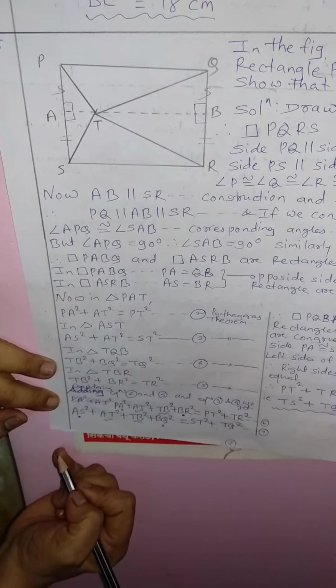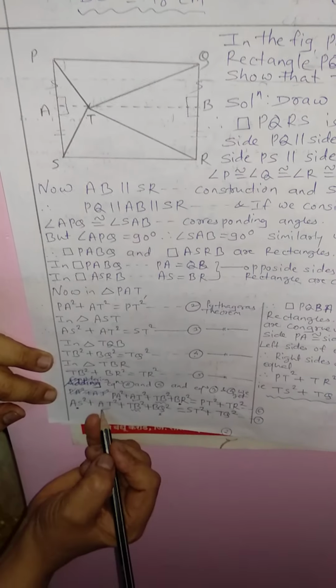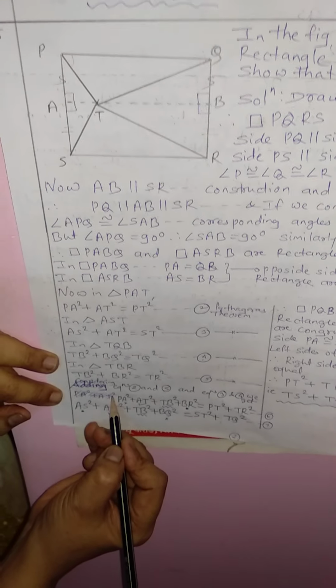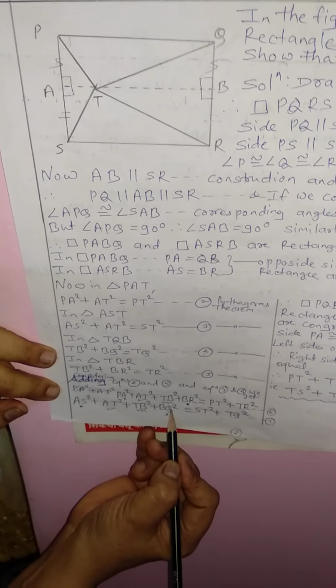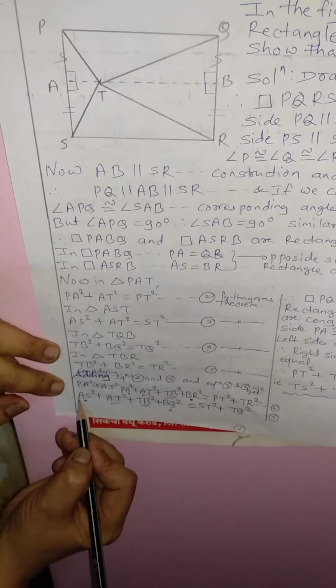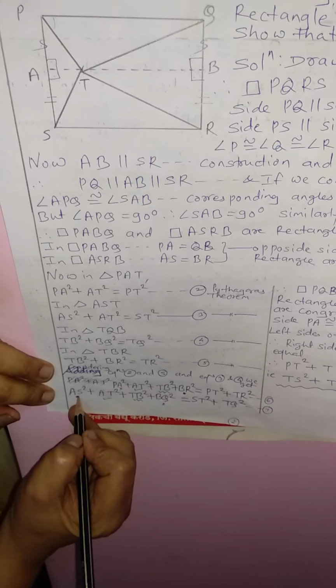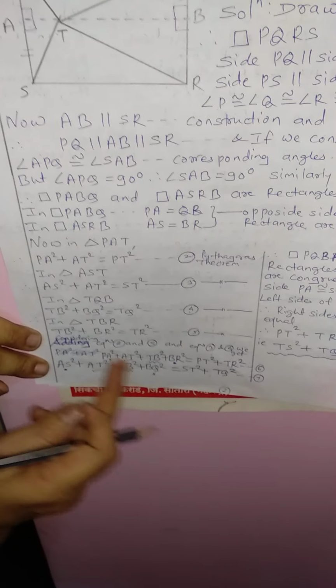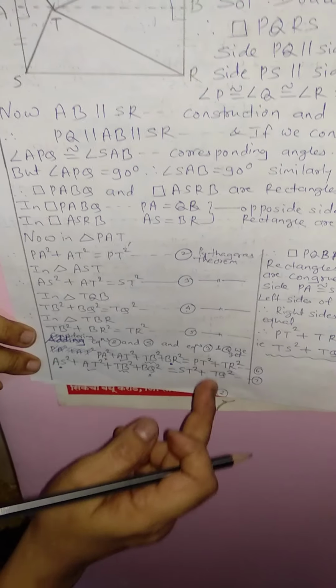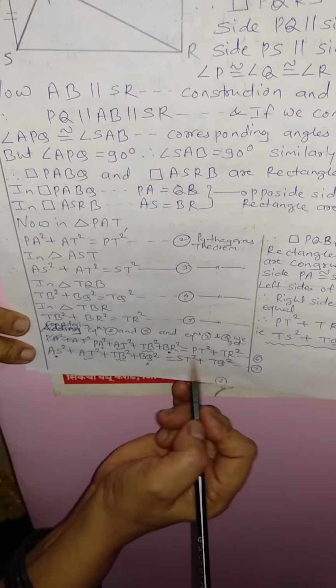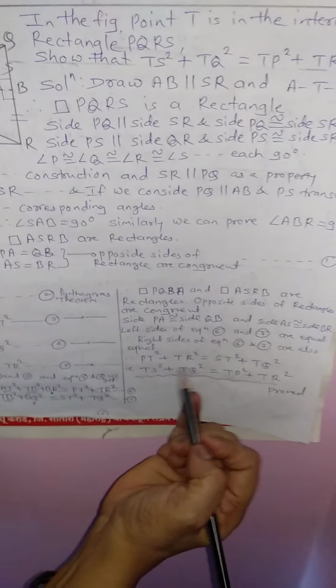So identical markings are there. Means from all this, the left side of the 6th equation has the same value as the left side of the 7th equation. This value is equal to this value, so the left side of this is equal to the left side of this. So the right side of this is equal to the right side of this.